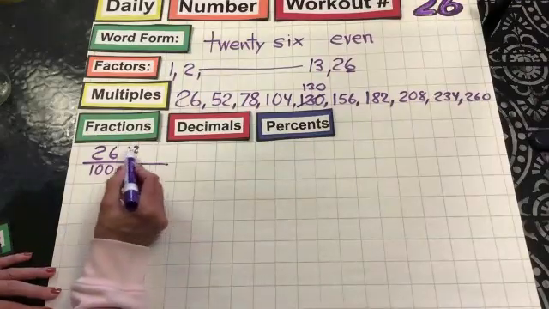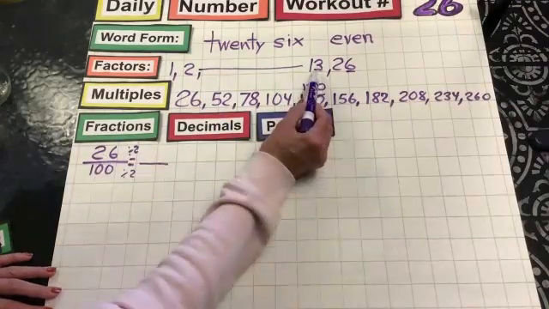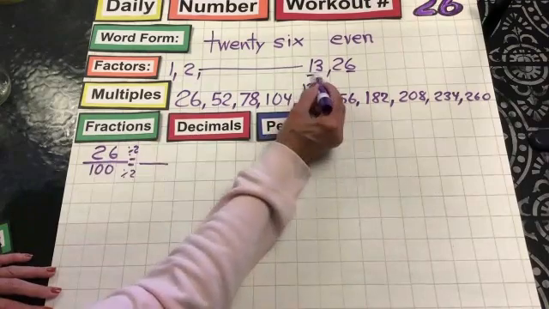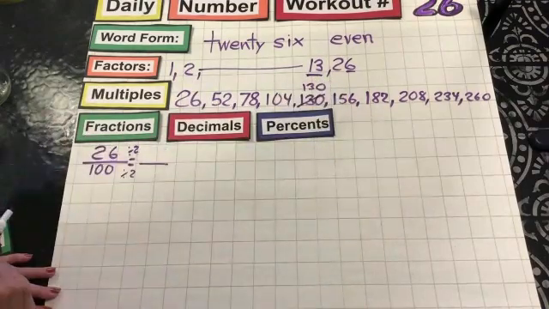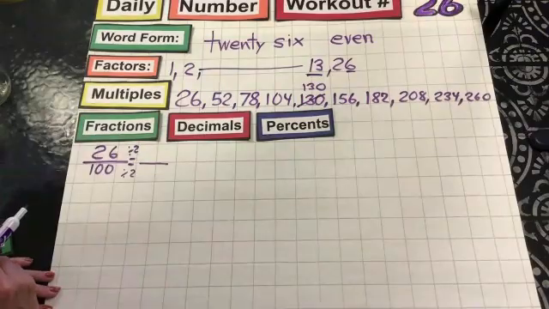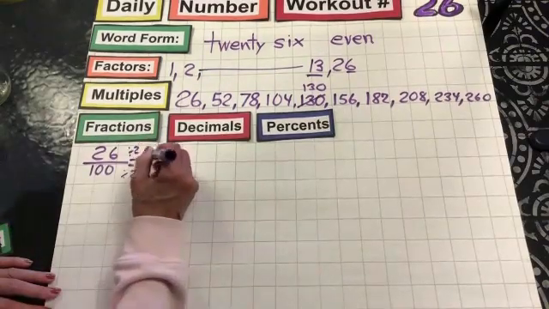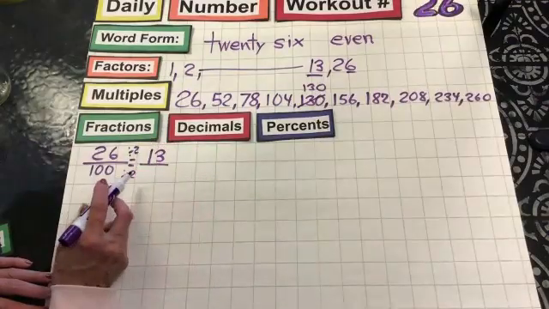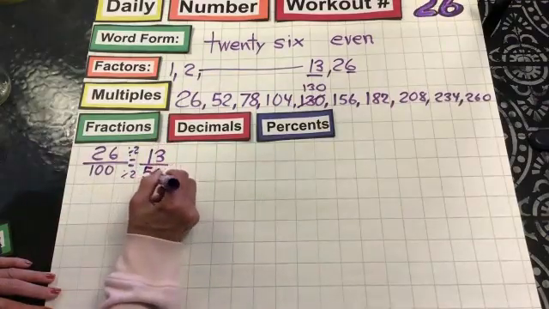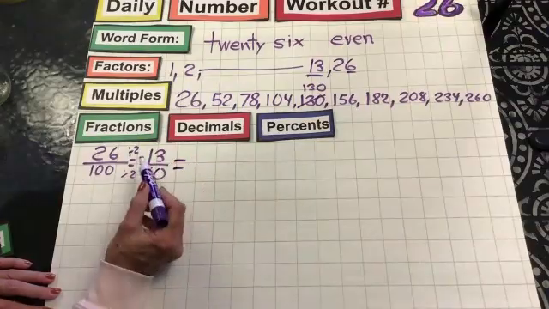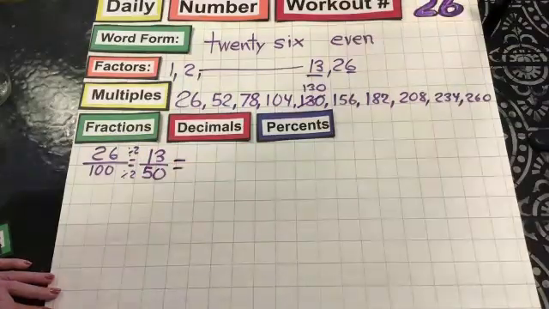Well, we know 2 goes into 26 13 times. Remember, division is like multiplication backwards, like subtraction is addition backwards. So this would be a 13 on top, and we know 2 50s make 100. So our equivalent fraction would be 13 50ths.